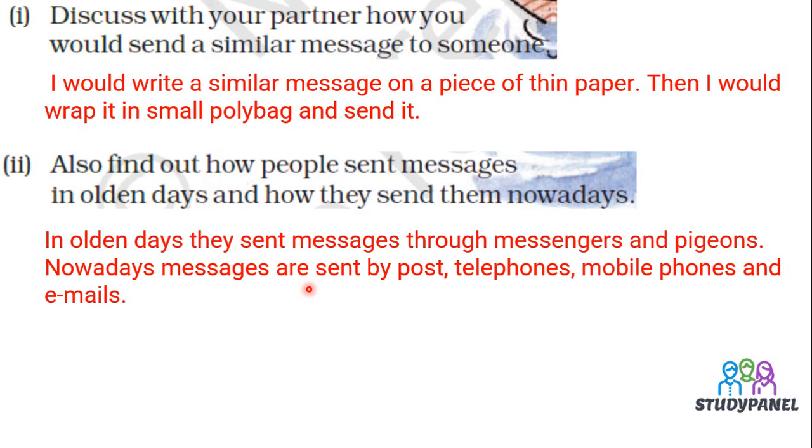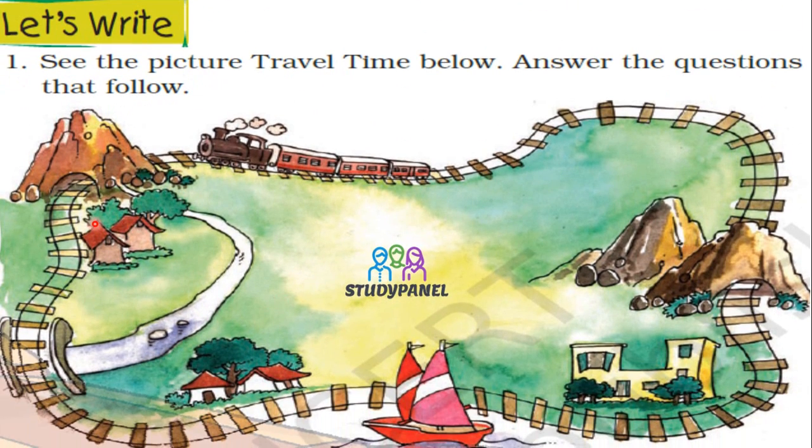Nowadays messages are sent by post, telephones, mobile phones and emails. अभी तो ये सब इतना स्पीड हो गया, इतना तेज जमाना हो गया है। आप बाय पोस्ट करिए, अगर कोई पार्सल वगैरह भेजना है तो कुरियर करवा दीजिए, एक दिन में पहुंच जाएगा, 2 दिन में पहुंच जाएगा। बहुत अर्जेंट है आप कॉल कर लीजिए, मोबाइल से भी कॉल कर सकते हैं, और ज्यादा कुछ फाइल्स वगैरह भेजनी है तो आप उनको मेल भी कर सकते हैं। Like this we can do.